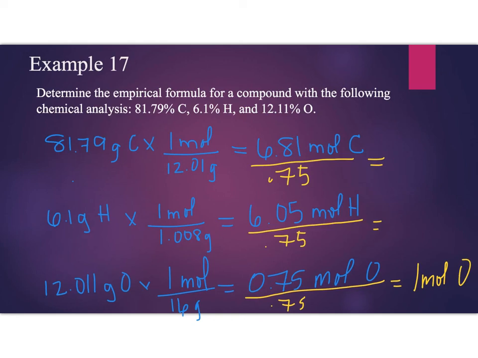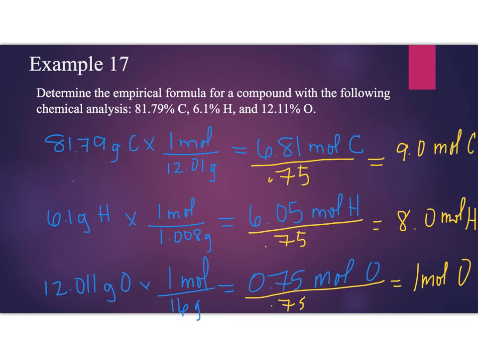On my calculator, I get 8.0, and then it's 6 repeating, but 8.06 is pretty close to 8. So I'm going to say this is moles of hydrogen. And then if I divide 6.8 by 0.75, this is going to give me 9.08, but again, I'm just going to leave that at 9.0 moles of carbon.